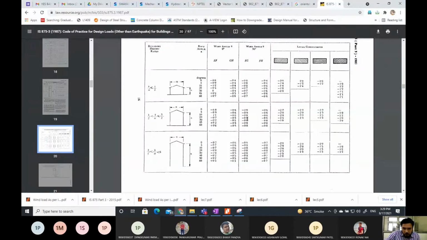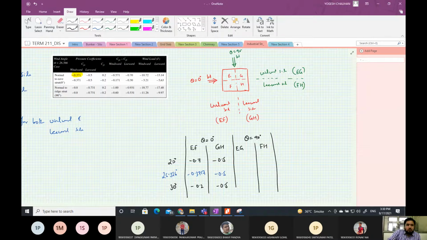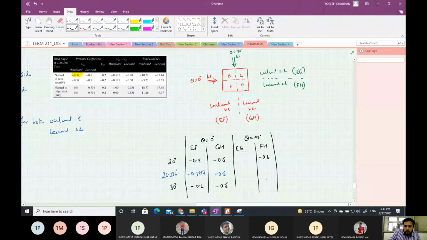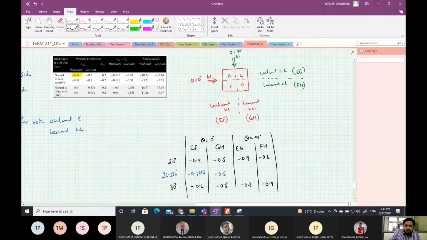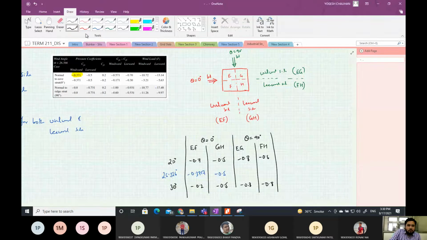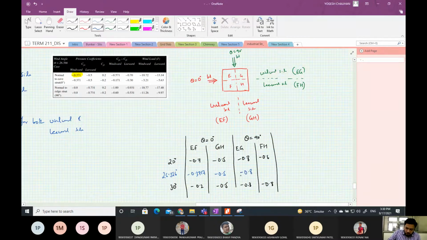Then here it is minus 0.8 and 0.6 and 0.8. Minus 0.6, minus 0.8, minus 0.8, minus 0.8. Obviously this value will be minus 0.8, and for this you have to interpolate for FH.